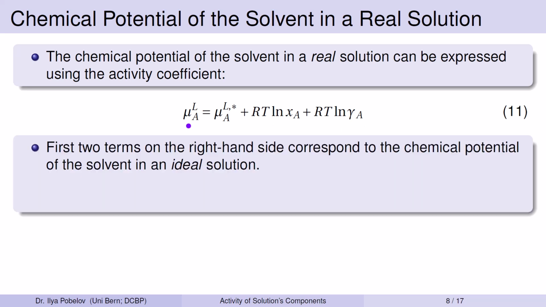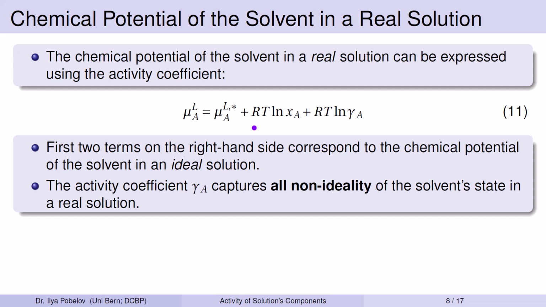In this equation, the first two terms on the right-hand side correspond to the chemical potential of the solvent in an ideal solution. This equation highlights the fact that the activity coefficient captures all non-ideality of the solvent's state in a real solution.